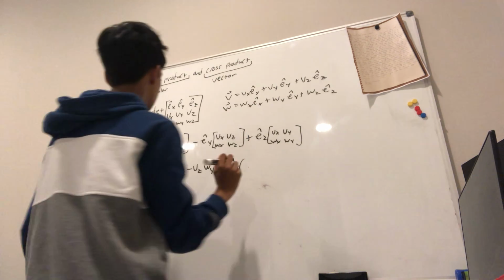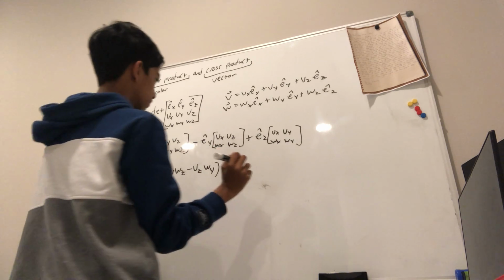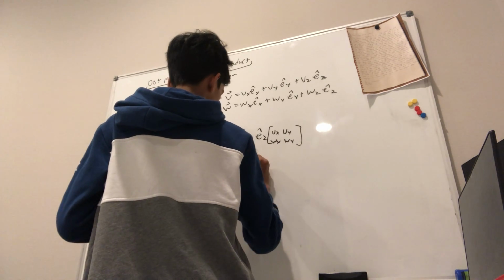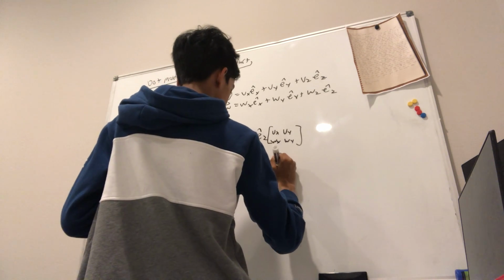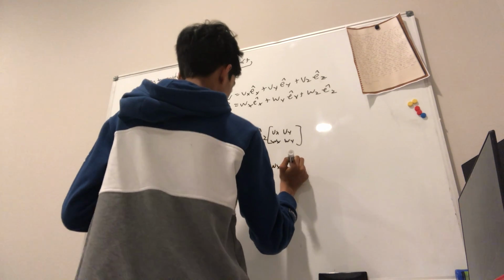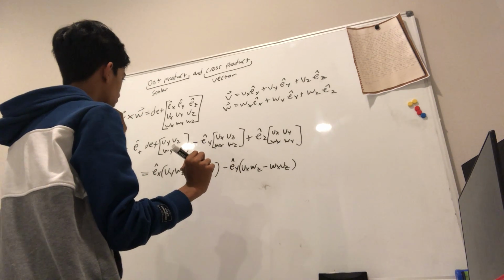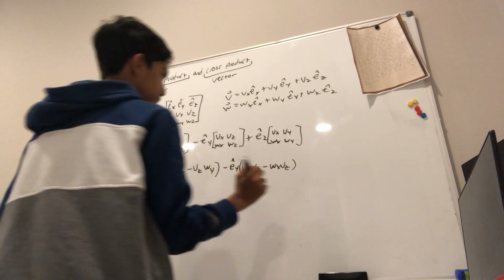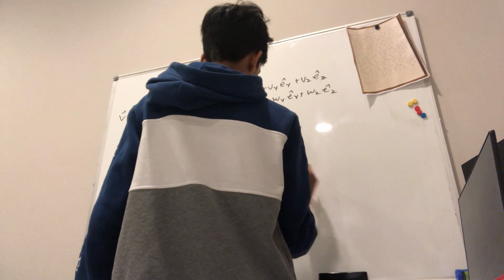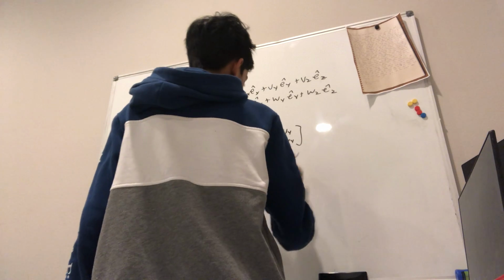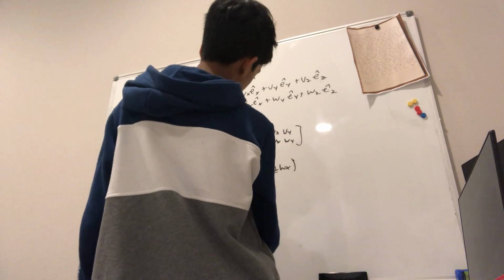So I think I've done this wrong. I think this should be vx wz minus wx vz, or is it? Whatever, just keep it like this for now. I'll just keep it in the order of vz wx for simplicity's sake.